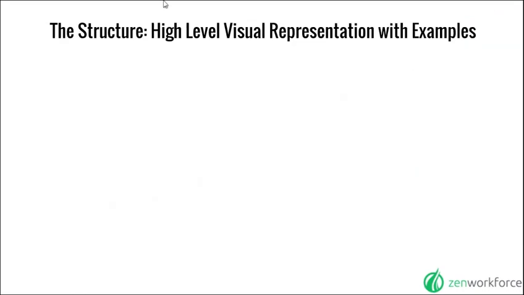So now we're at the heart of the presentation, which involves the discussion about the exact structure that will accomplish all these miraculous things. This is going to be a high-level representation with examples, as you can see. When designing the database structure, we want a structure that would accommodate almost anything a user would want. So this database must be high level and non-specific.